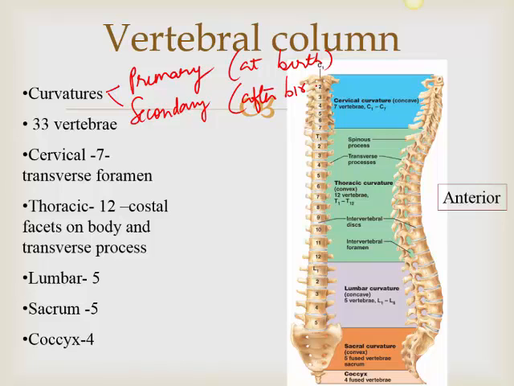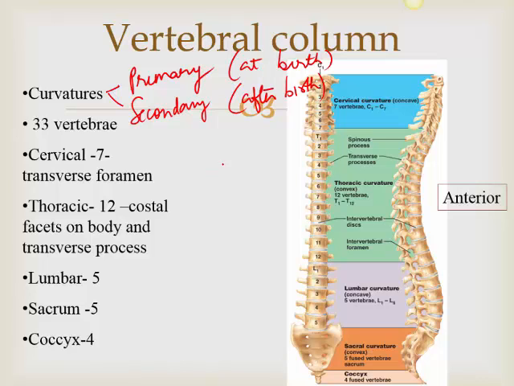So something that the child does that brings about this curvature. Very similar to, remember, primary center of ossification before birth and secondary center of ossification after birth. So similar to that, primary curvatures are curvatures which are present at birth. Secondary curvatures are curvatures which develop after birth.